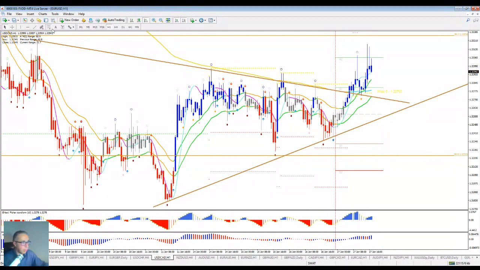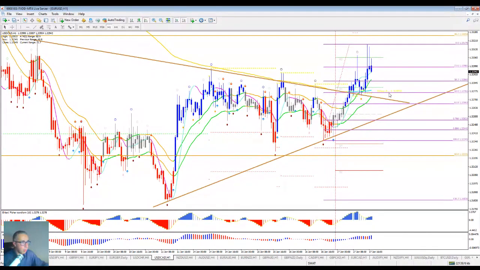Let's put a fib from here to here. Maybe 132.75, 132.66. Wait for a bounce in that zone. Wait for a retag of the broken resistance.